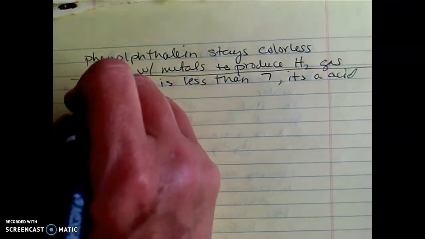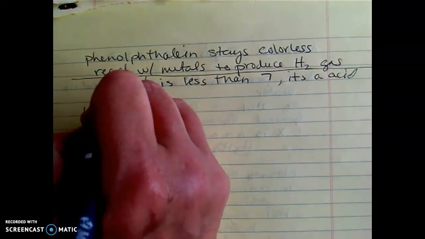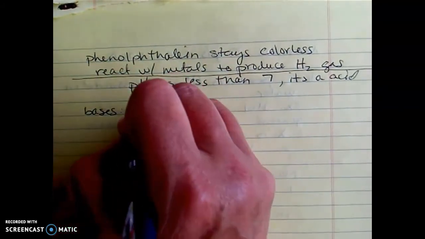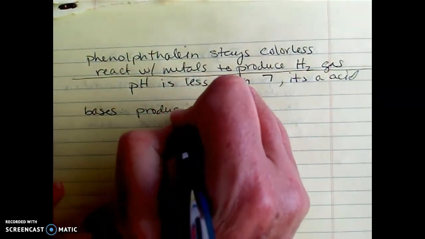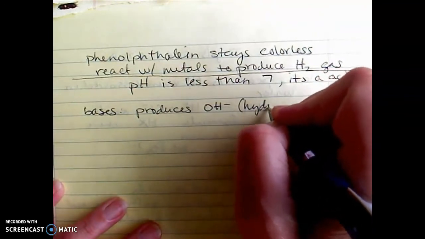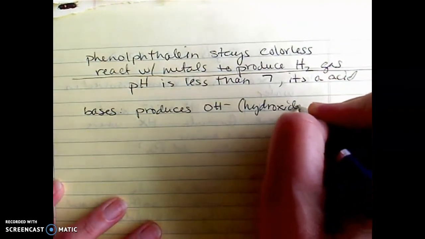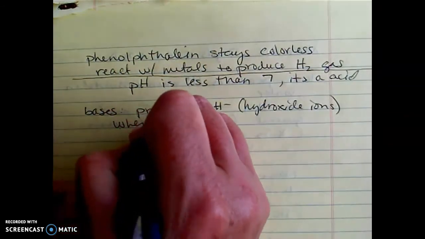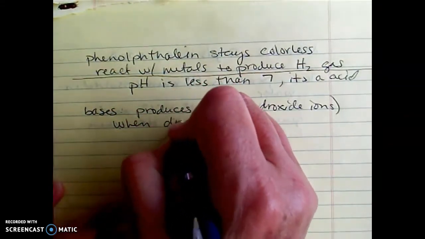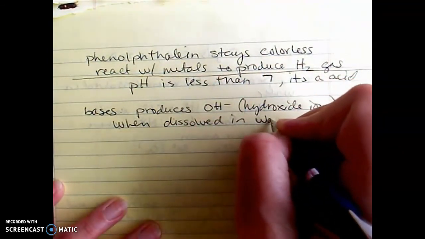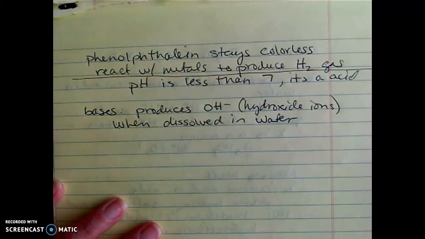Right. Next, bases. The most common definition for a base is it produces hydroxide ions when dissolved in water. It's not the only one. So there are some others that you're just going to have to be able to recognize.